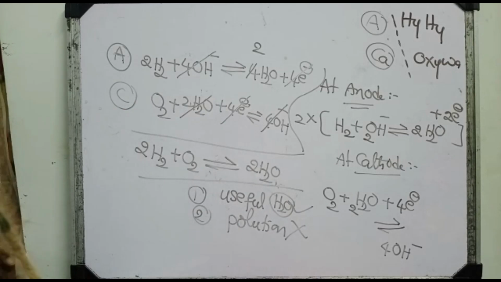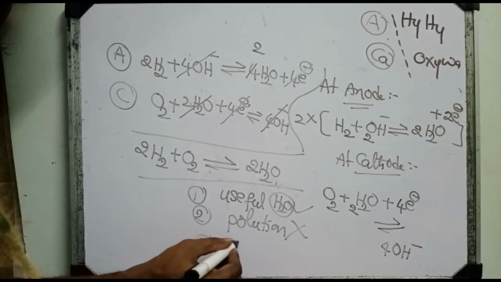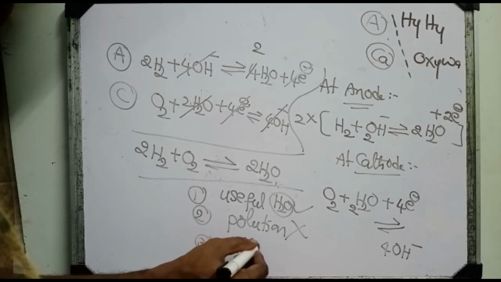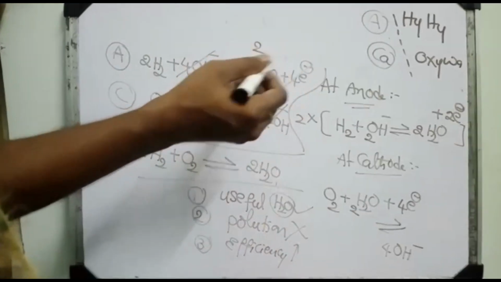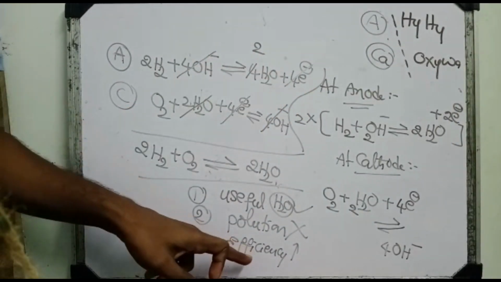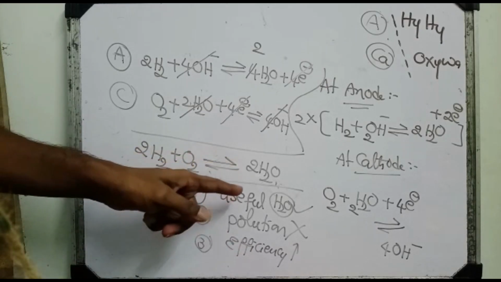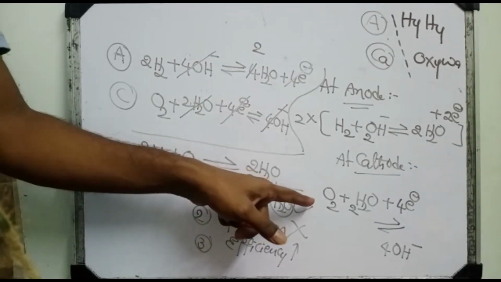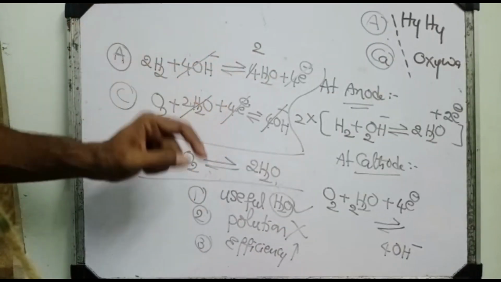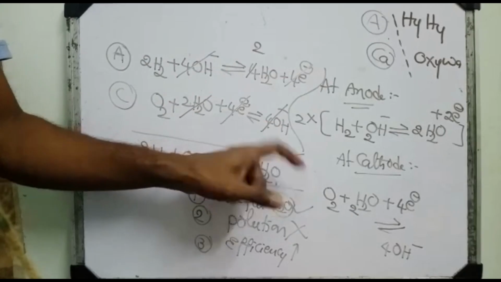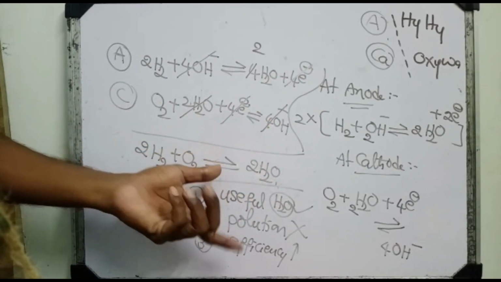Third, the efficiency is very high. That's why this hydrogen oxygen fuel cell is a powerful one. But the problem is that hydrogen and oxygen easily catch fire and are explosive. If you control the reactivity and explosive nature, it is a wonderful one.